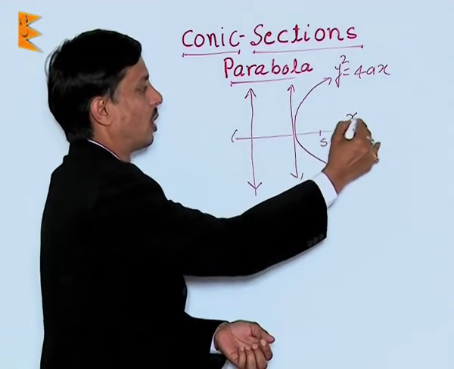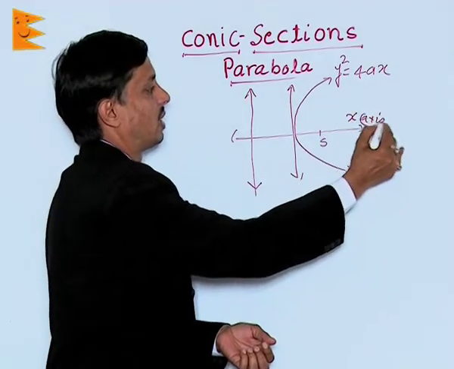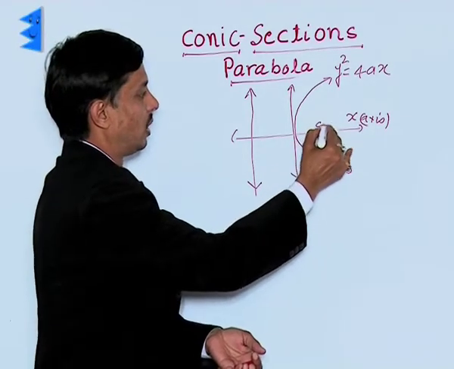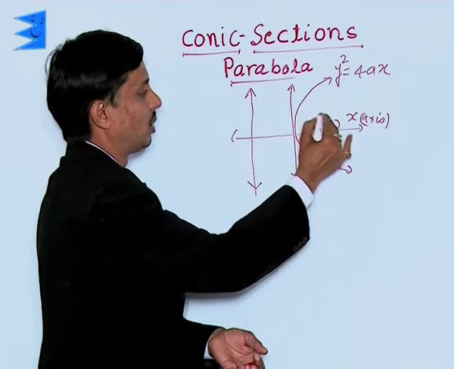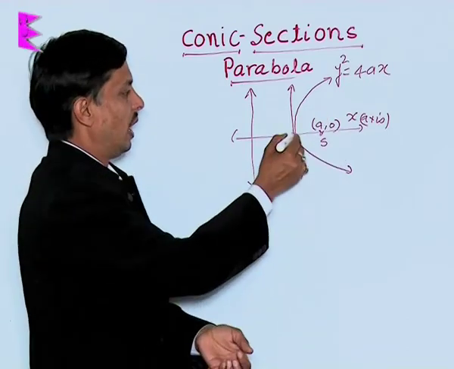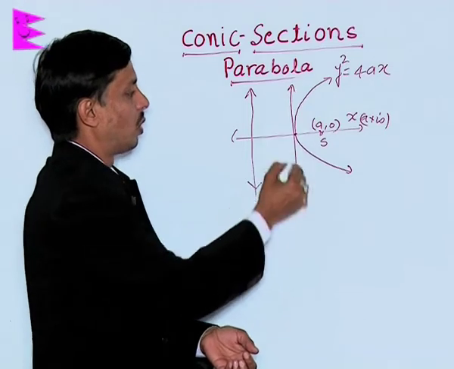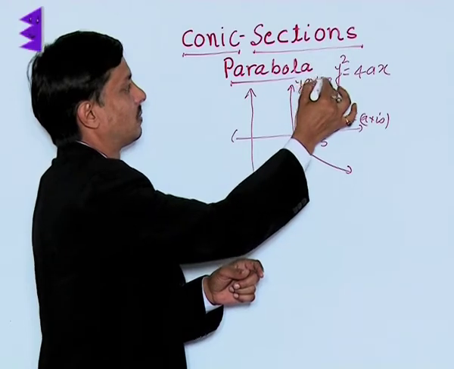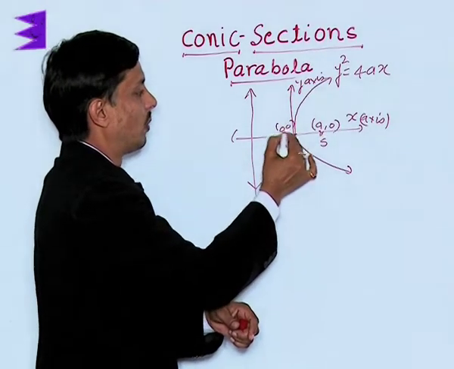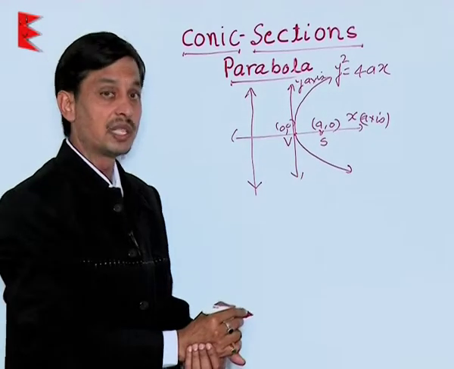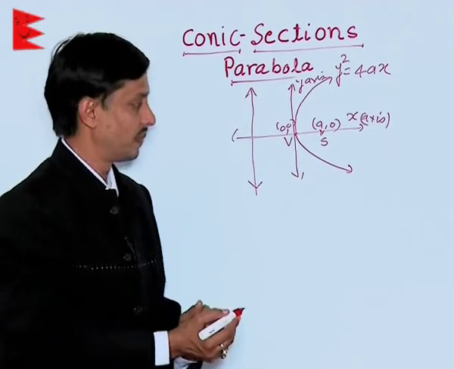Focus lies on the x-axis and on the x-axis y is always 0. So the coordinates of the focus are a comma 0. And the vertex is at the intersection of x-axis and y-axis, so the coordinates of the vertex V are 0, 0.